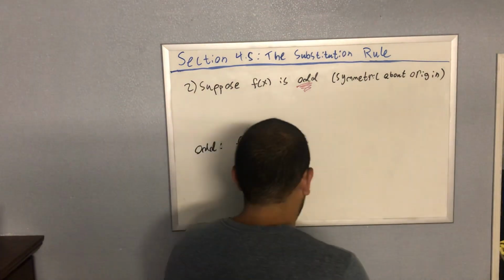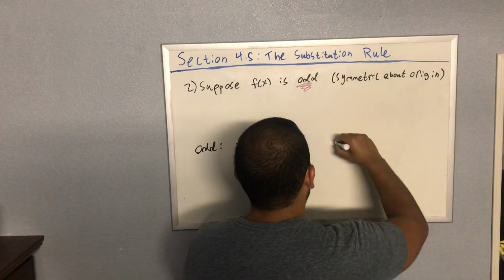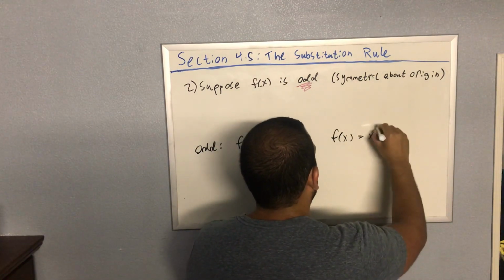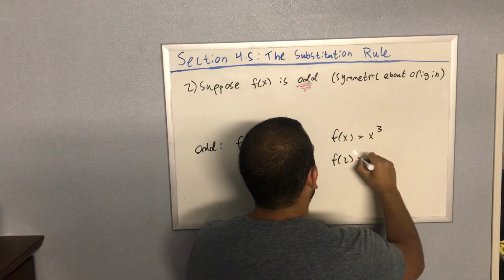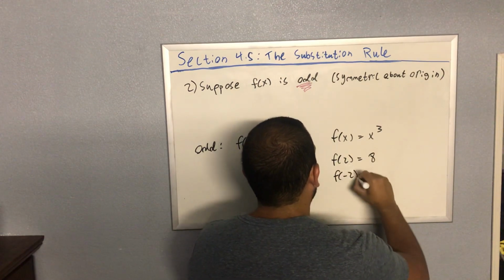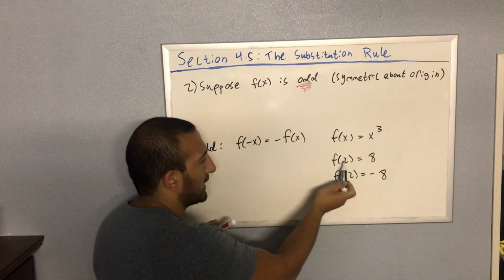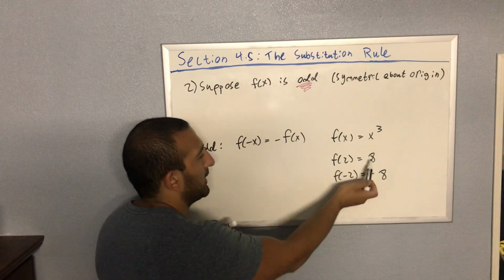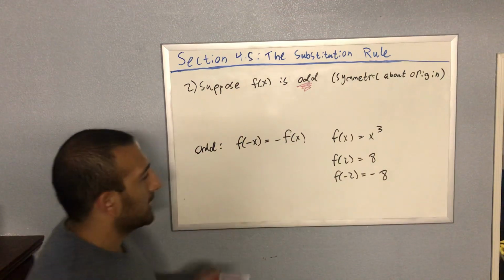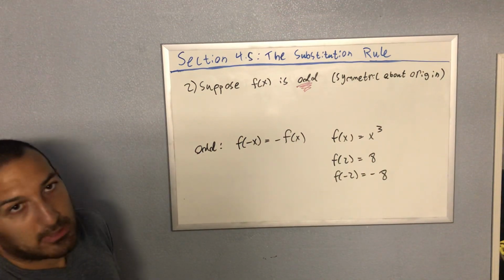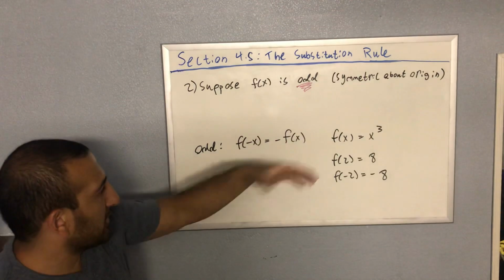So for example, the cubic function x cubed: if you look at f of 2, that's 8. If you look at f of negative 2, that's negative 8. So see, 2 and negative 2 are opposite in sign, and so are their outputs. So that's what it means to be an odd function. That's what this jam of symbols means.